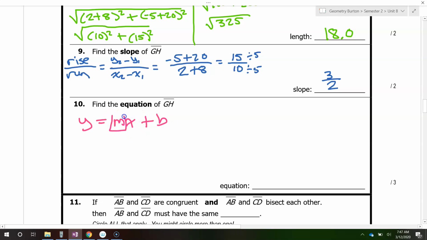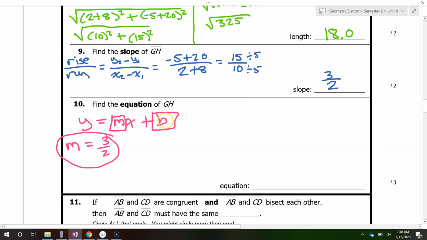So all we need is the m and the b. We already have the slope, so we can just write that down. The slope is 3 over 2. All right, so all we need is the y-intercept now.